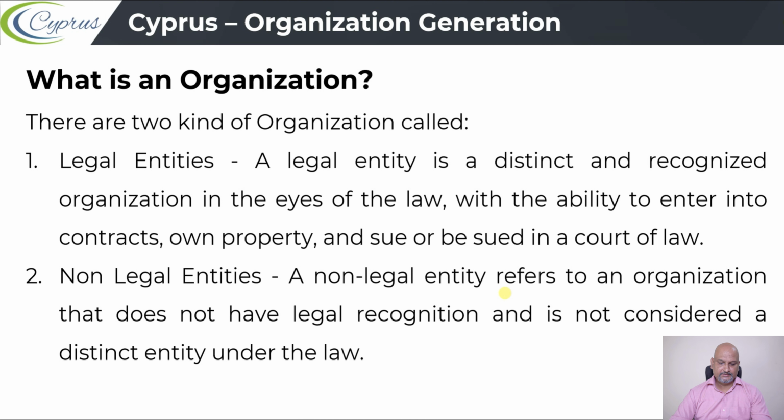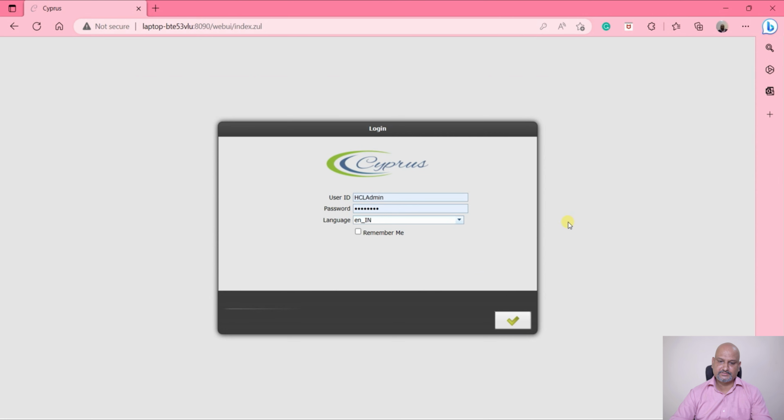Enough chit-chat. Now let's move on to the system and see how to create the legal and the non-legal entities in Cyprus. I'm at the Cyprus interface at the moment with my login credentials as SCL admin, for the client we prepared last time, SCL Technologies.